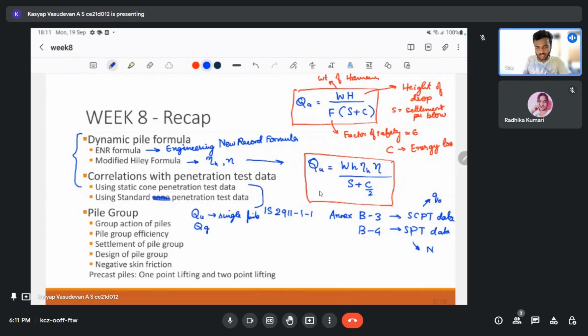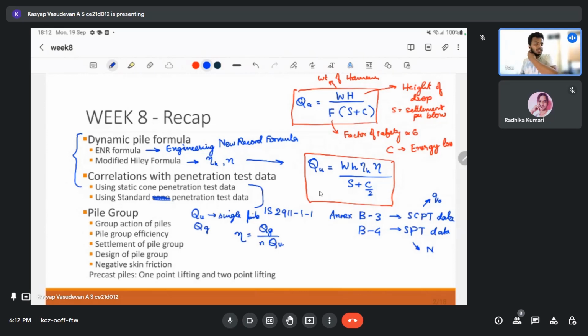When we have loose sand, the group capacity is higher than the number of piles times the single pile capacity. But this is actually only found in loose sand. So when we are doing our design, we will assume the efficiency as one. The pile group efficiency is the group capacity divided by the number of piles times the capacity of a single pile.